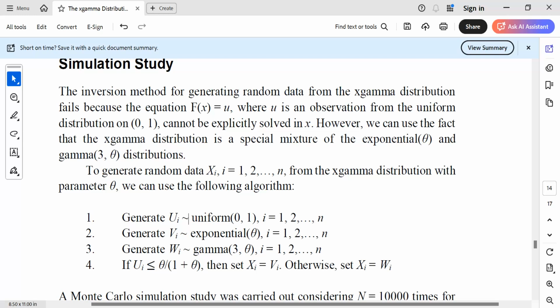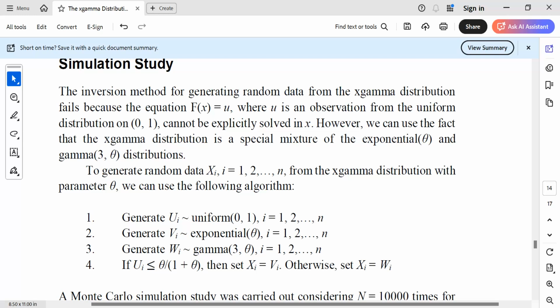Then we are going to use an if condition. If U_i, which is what we generated from here, is less than, do you remember this one? That was the mixing proportion. If it is less than theta over this, we say that x is chosen from the exponential, which is V. Else, x is chosen from the gamma.